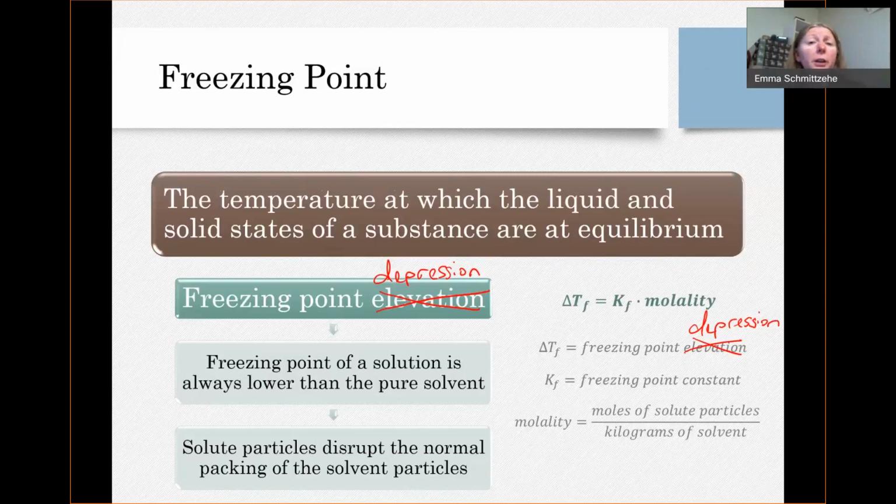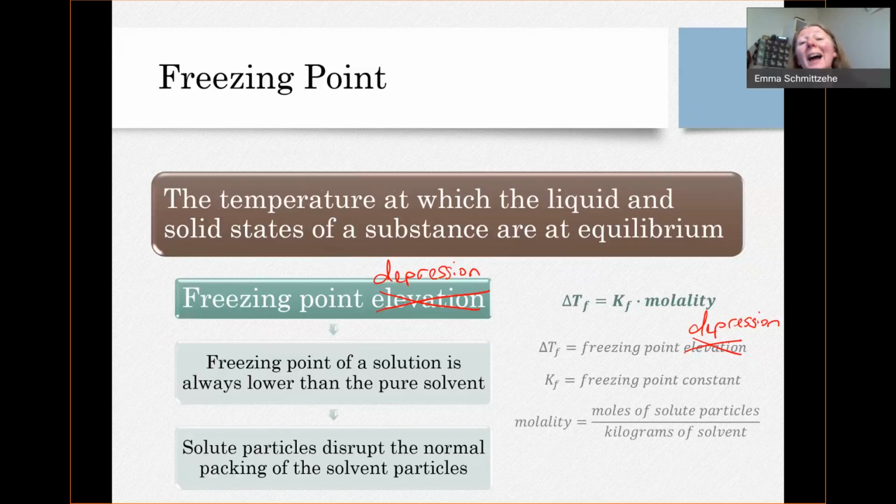There's a different impact that dissolving something has on a boiling point than it does on the freezing point. It's not going to be the same number, but it is specific to whatever your solvent is. Water has a specific Kf, whereas other solvents are going to have their own Kf, and you just multiply it by the molality.